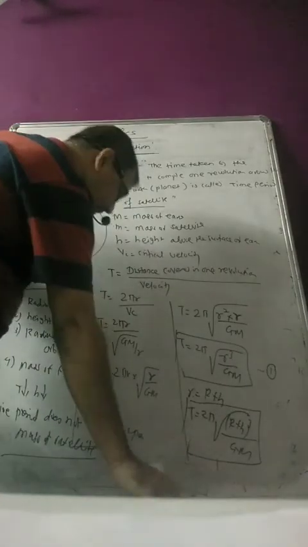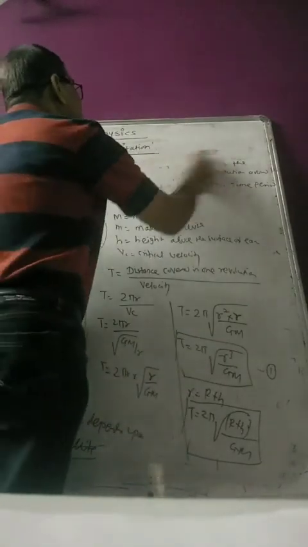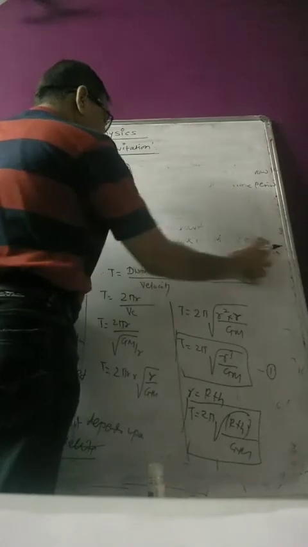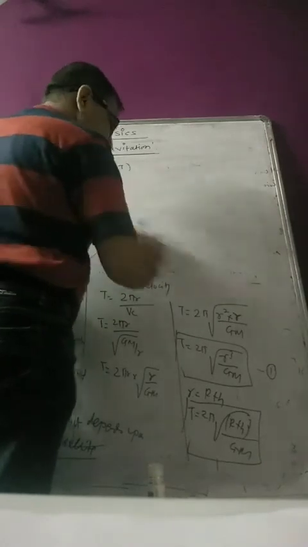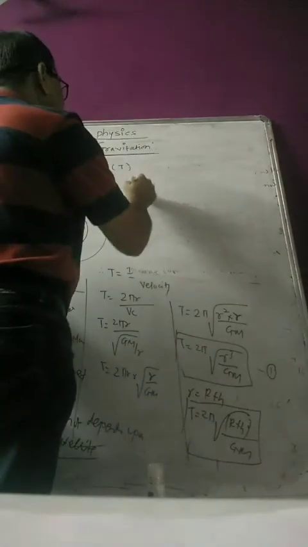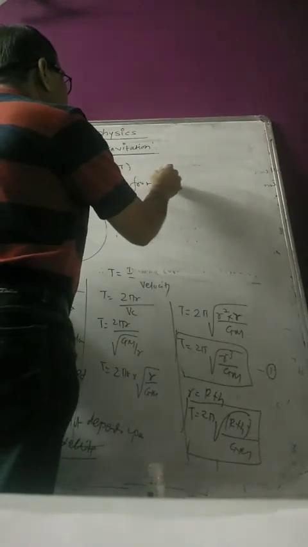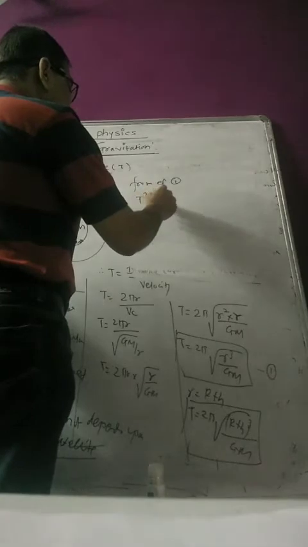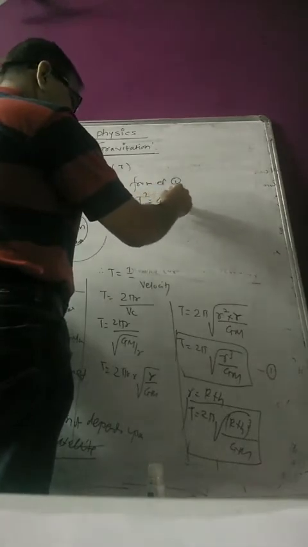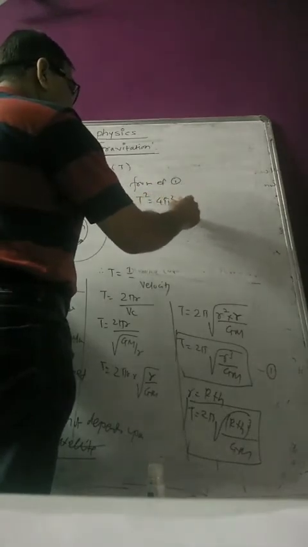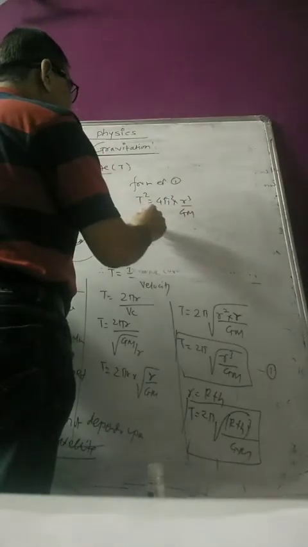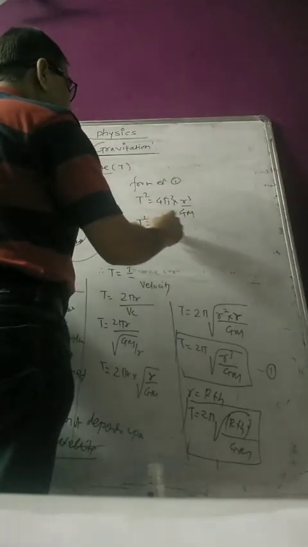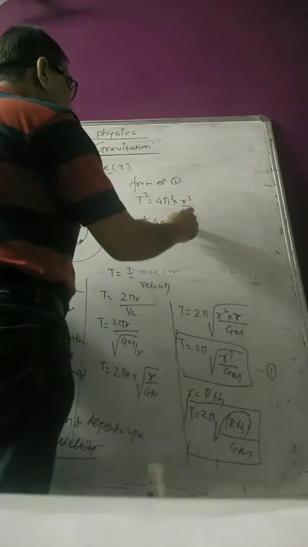From equation 1 we can also say like this, for the time period of the satellite, from equation 1 squaring on both sides, T² is equal to 4π²R³ upon GM. मुलांनो T² is equal to 4π²/GM into R³.